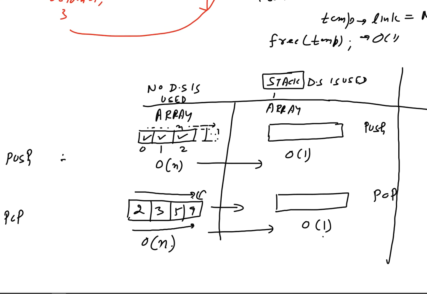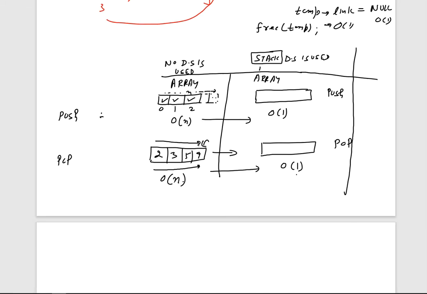If we use this concept of stack again, and we use the linked list for its implementation, then for the push operation the time complexity is order of 1. For the pop operation the time complexity is order of 1. So in both array and linked list, the time complexity turns out to be order of 1.